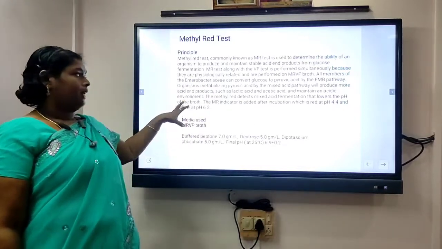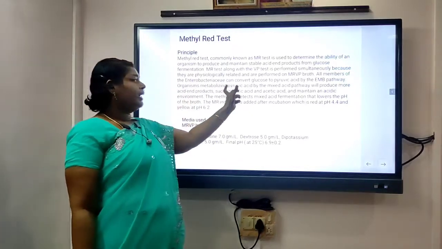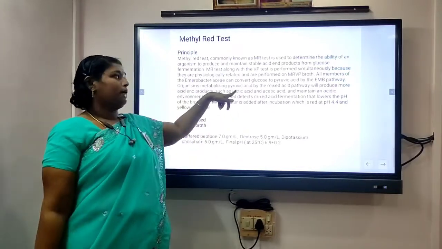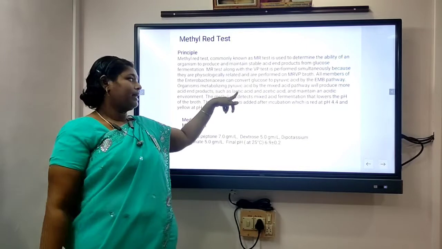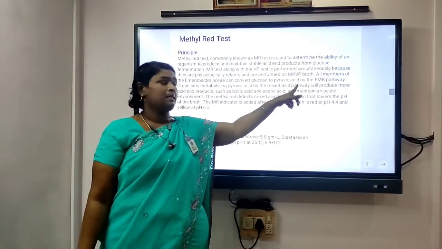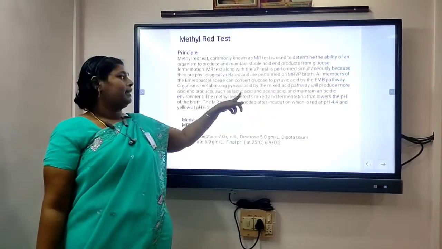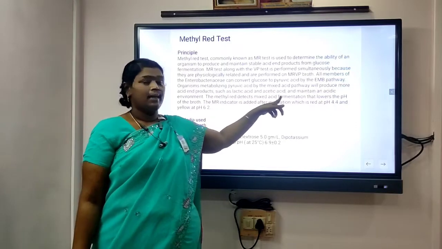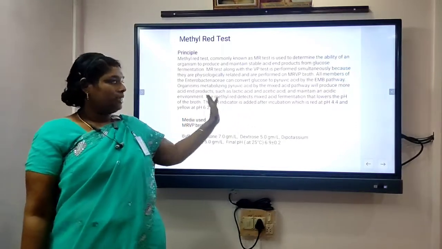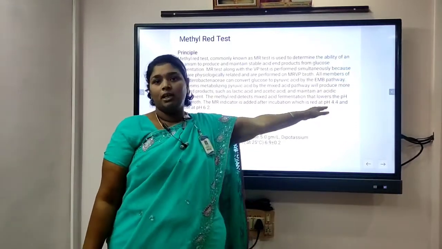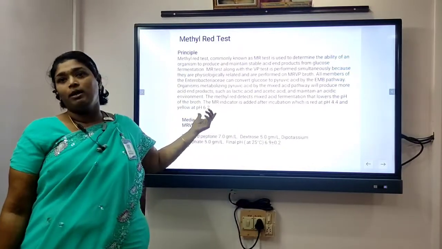In this methyl red test, the organism metabolizes the end product pyruvic acid by the mixed acid pathway. This mixed acid contains lactic acid, acetic acid and many other acids. These acids maintain the acidic environment in the medium.